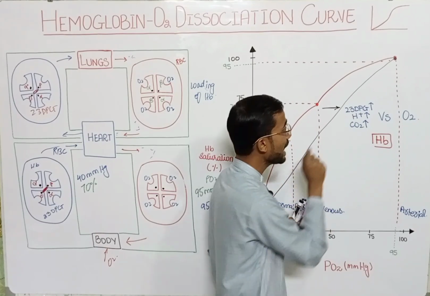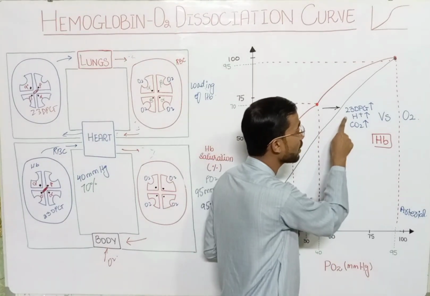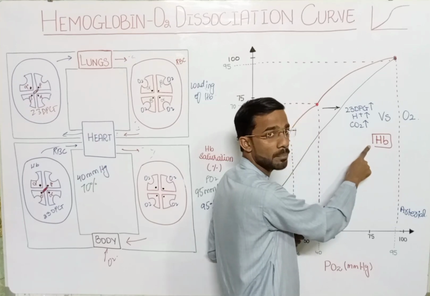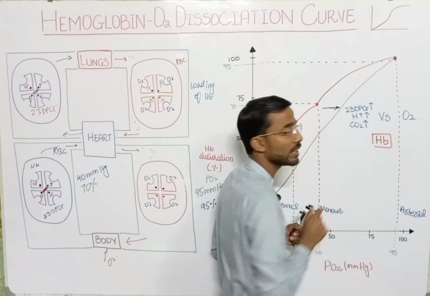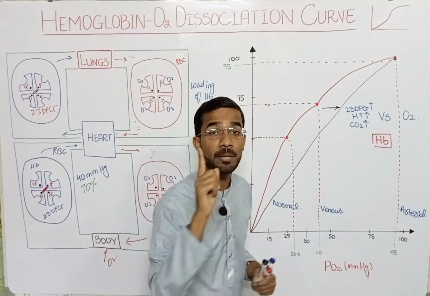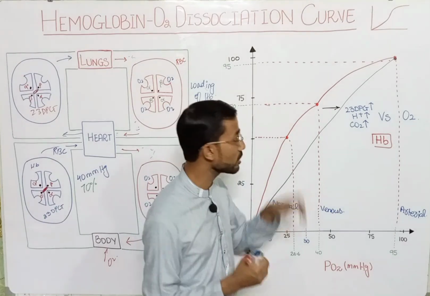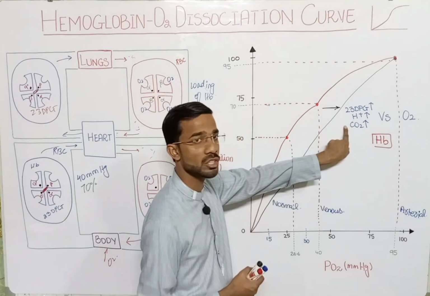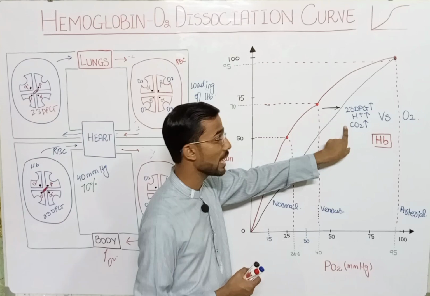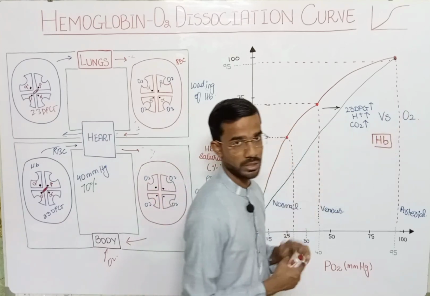This is case 1. If H+ increases, H+ binds hemoglobin preferably instead of oxygen. If the carbon dioxide concentration increases, keep in mind carbon dioxide can also bind to the hemoglobin, so carbon dioxide prefers to bind with the hemoglobin instead of oxygen.